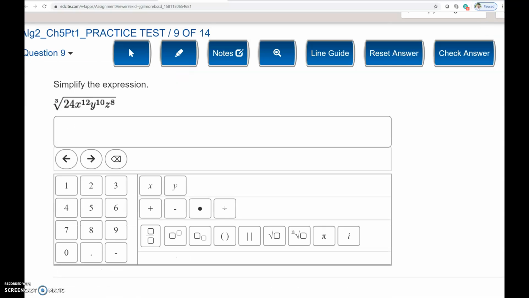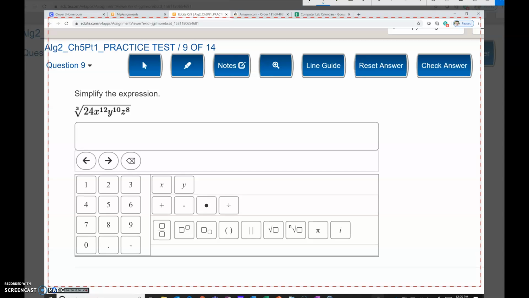Okay, number 9. The cube root of 24 will simplify into the cube root of 8 times the cube root of 3. So that's 2 times the cube root of 3. The cube root of x to the 12th becomes x to the 4th.